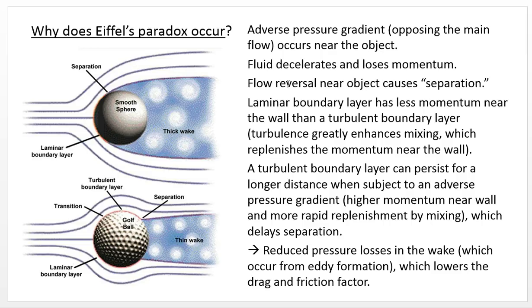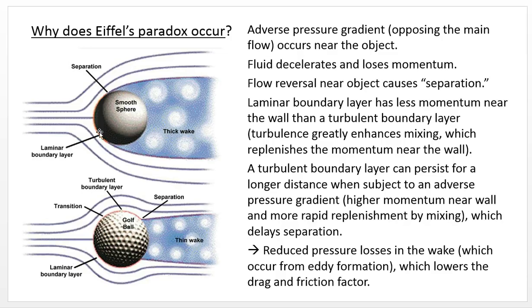This is known as flow reversal. Once flow reversal happens, we have what's known as separation. The streamline will separate from the surface of the object, leaving downstream a wake. A wake is a pronounced region of disturbed flow due to the presence of a non-streamlined object.